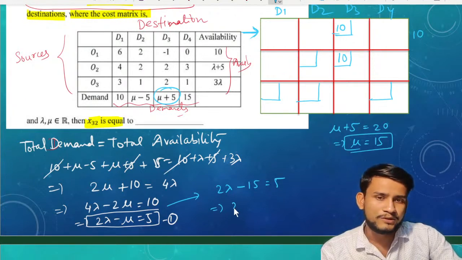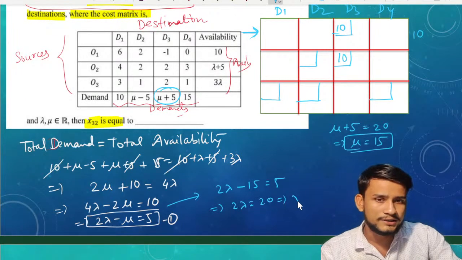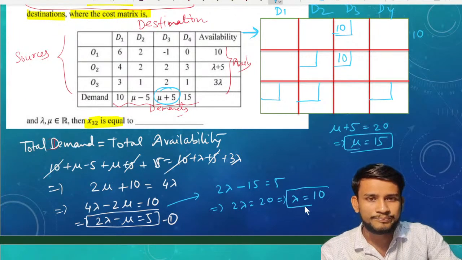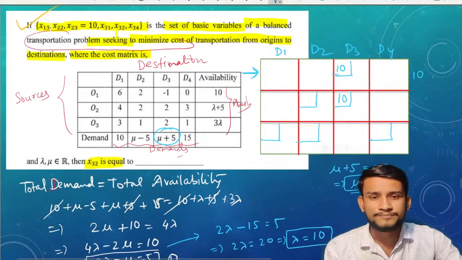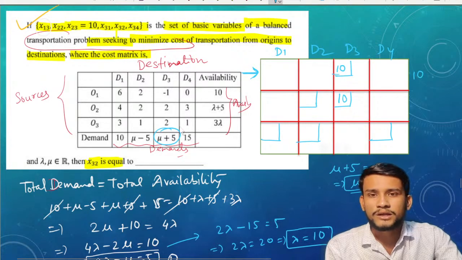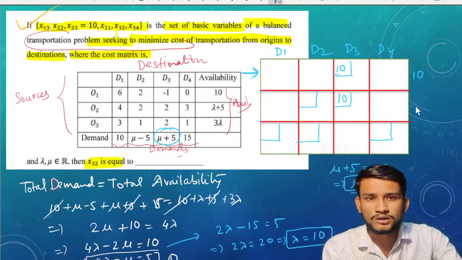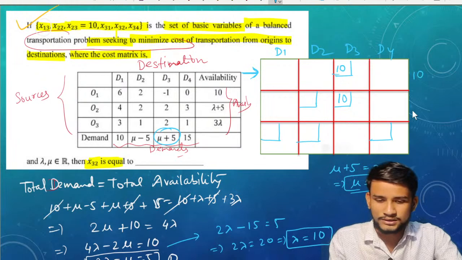This means 2 lambda equals 20, and lambda equals 10. Now we go to the allocations. Here the value is lambda plus 5. Just a minute.